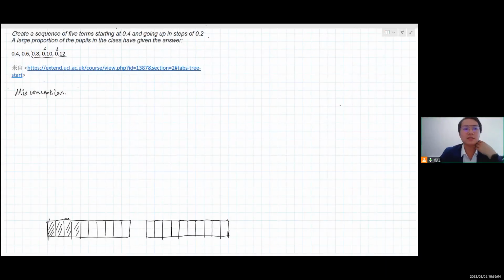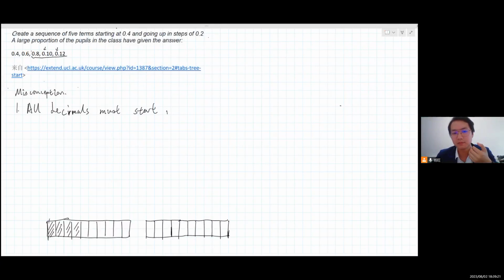So the most likely misconception in this case is, one, all decimals must start with 0 point, and then followed by a number.